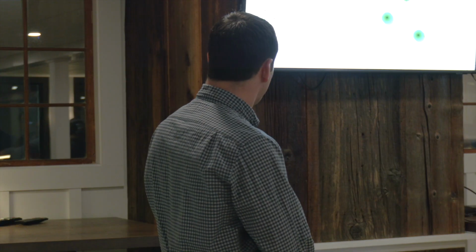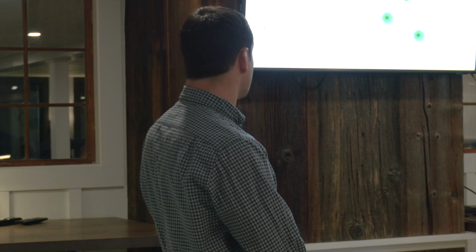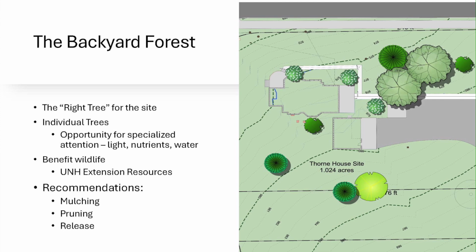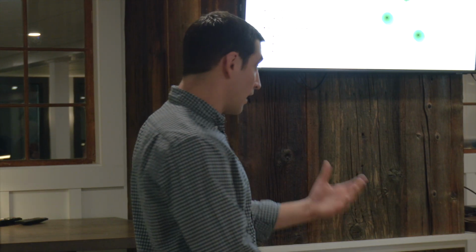One thing to consider about the backyard forest and the trees is you want to maintain the right trees for the site. If you were thinking of doing some enrichment plantings, you wouldn't want to put a pine or an aspen or really any tree under the power line that feeds to your house. I know that's a simple example, but eventually that tree is going to get so tall that it would have to be removed.